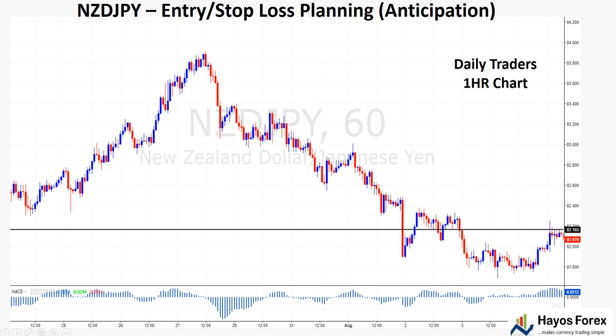You can see consistently for about 5 hours this particular level is acting as a good resistance. It used to be support, but now it's resistance. So that's a good entry, instead of the 82 that would have been entered at on the daily chart.